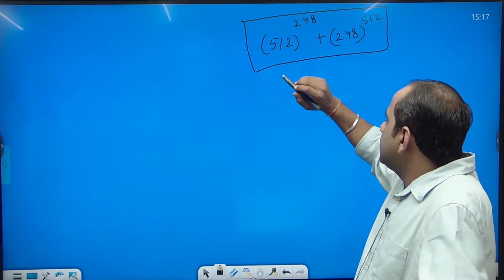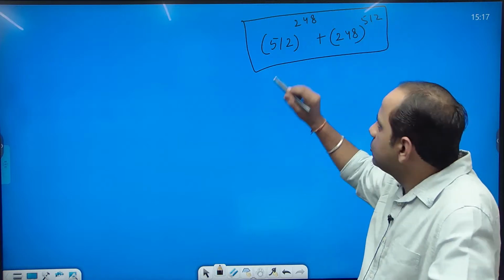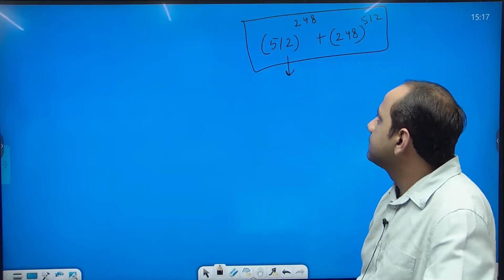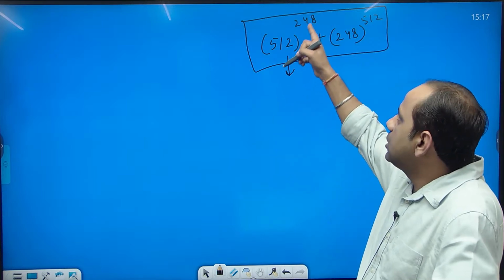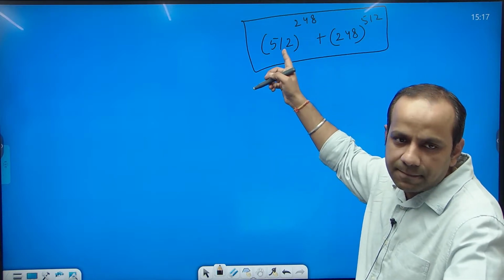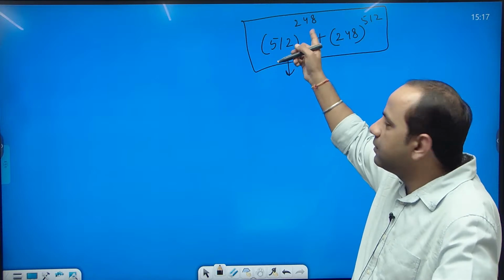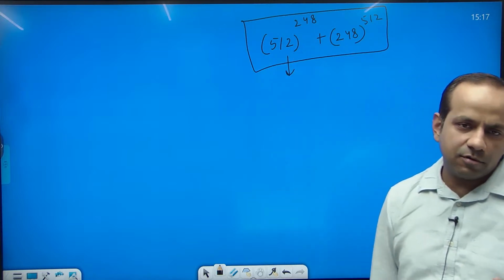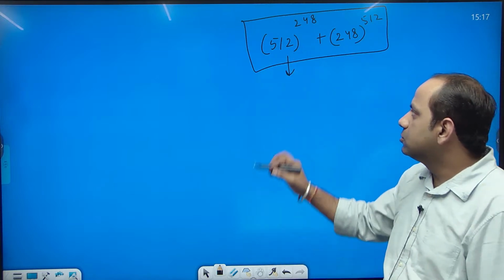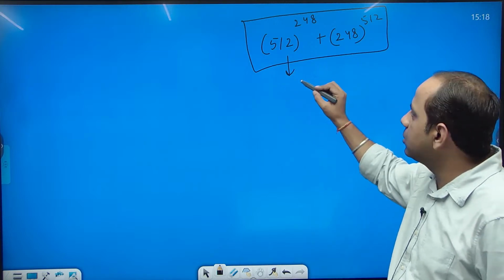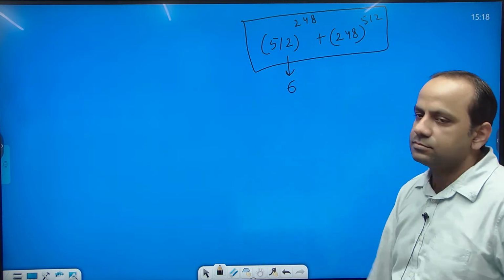For 512 to the power 248, which category is this? Third category. So we divide the power by 4 and the remainder is 0. So 2 to the power 4 is 6.